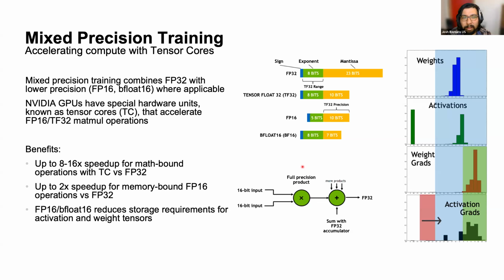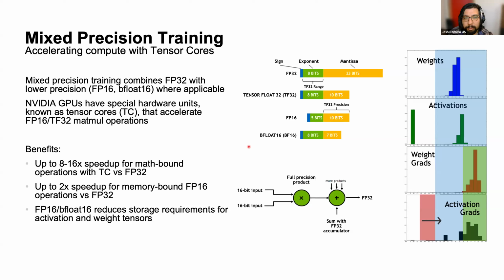So what NVIDIA GPUs have are these special hardware units called tensor cores that accelerate lower precision math. So FP16, BFloat16, FP8 and newer hardware. The benefits of lower precision are, for math bound operations with FP16 versus FP32, you can have an 8 to 16x speed up or even more, depending on how low you go.